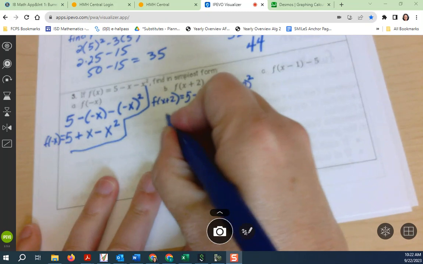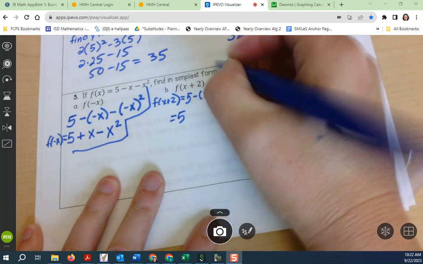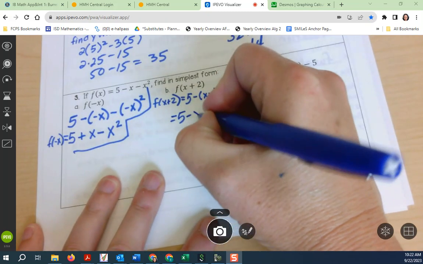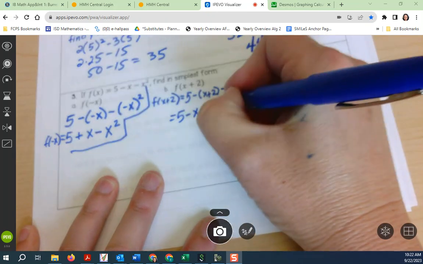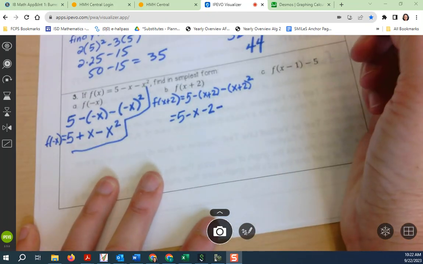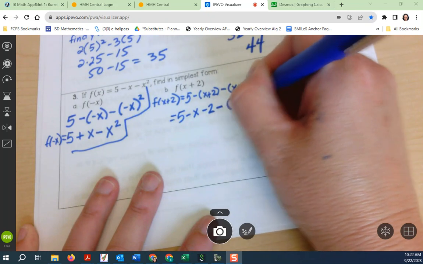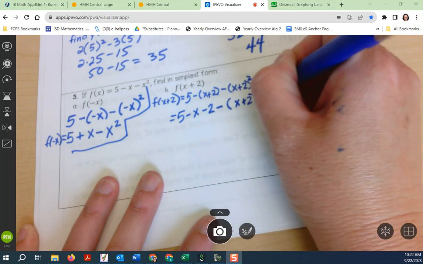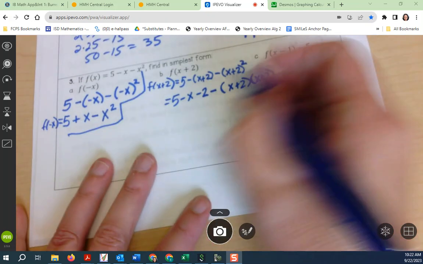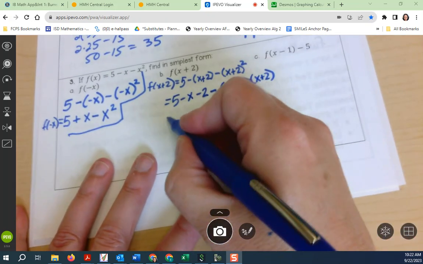All right. I'll distribute the minus here. But I'm not going to distribute this one yet because I want to see what's happening with my x plus 2 and x plus 2. I can combine my 5 minus 2.